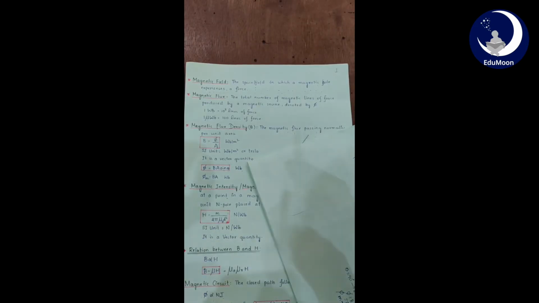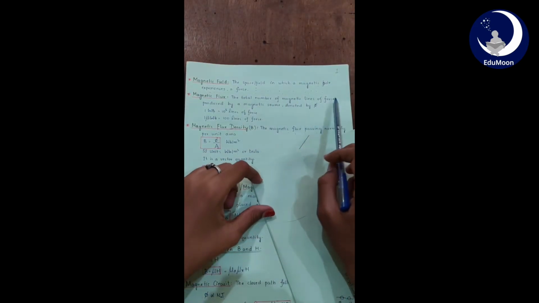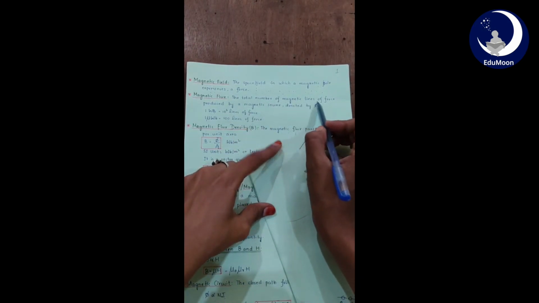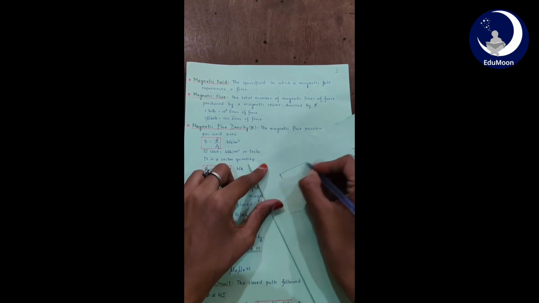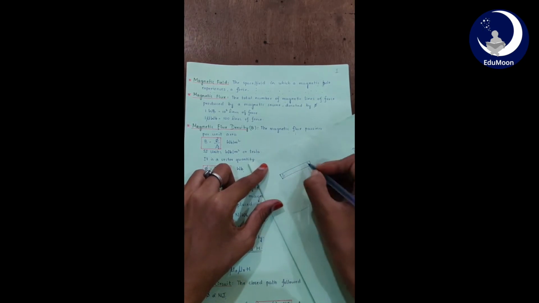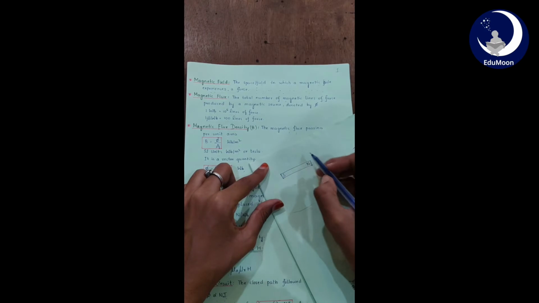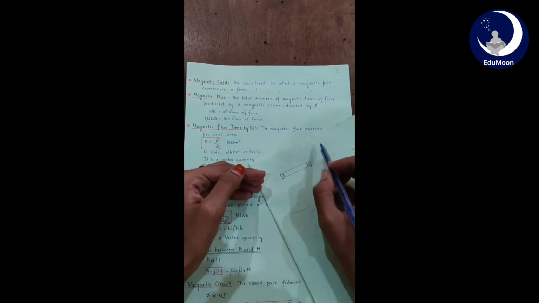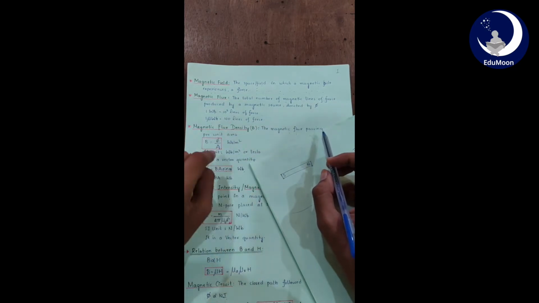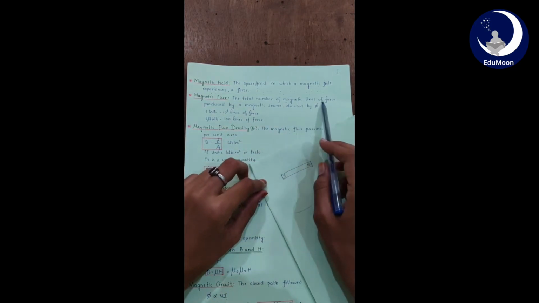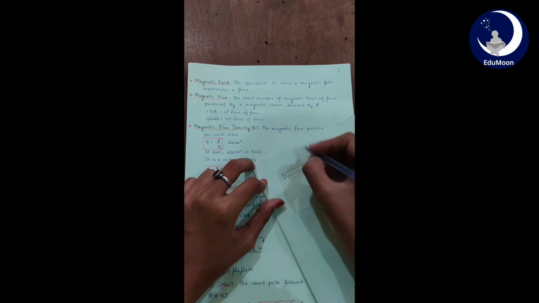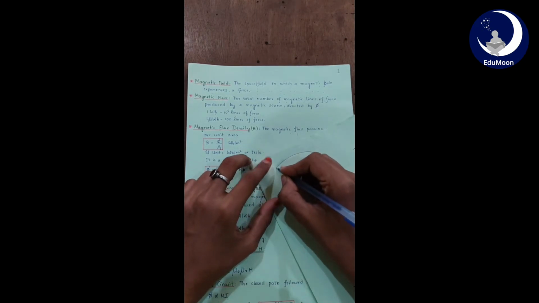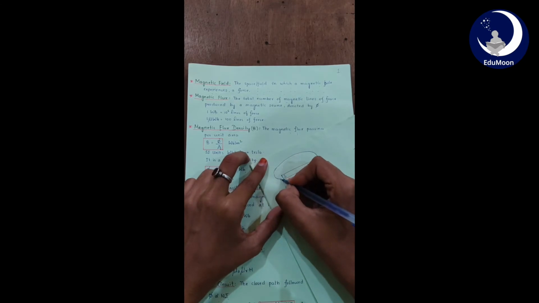Magnetic flux. It is the total number of magnetic lines of force produced by a magnetic source. First we will see what magnetic lines of force are. Consider a bar magnet. This is the south pole and this is the north pole. Around this bar magnet, the magnetic field is represented by imaginary lines, okay? That is what we call magnetic lines of force. These magnetic lines of force emerge out from the north side of the pole, move in the surrounding medium, and then re-enter the magnet through the south side.